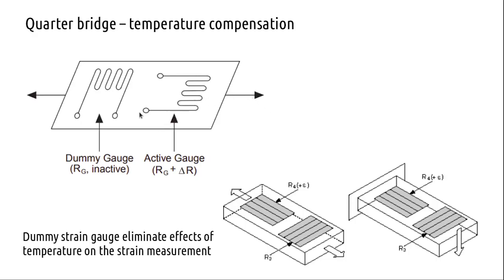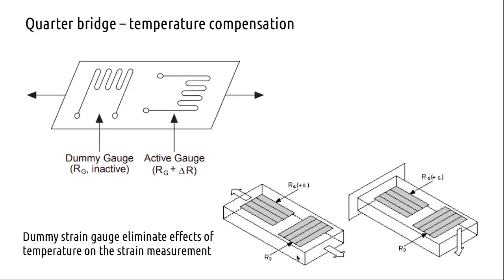Whereas the dummy gauge will not be affected by this. The other two resistances are of fixed values. We saw two configurations. One configuration is like this, where you are measuring the strain along this direction, and this is perpendicular to this. This direction is not of interest, so this is going to be a dummy gauge.